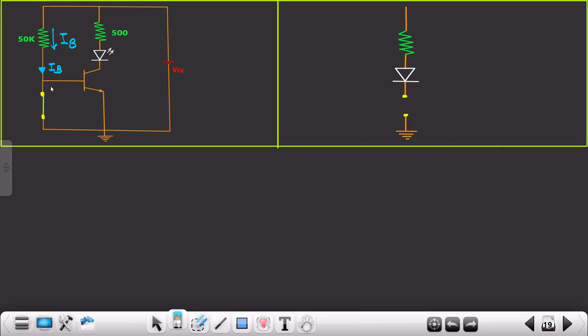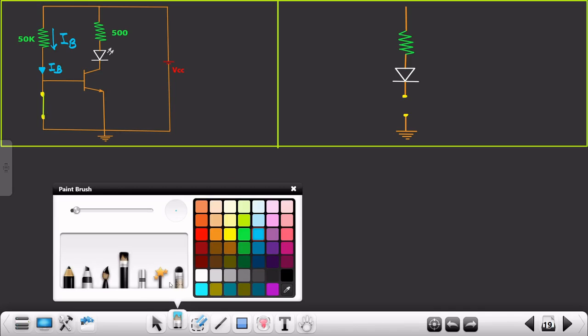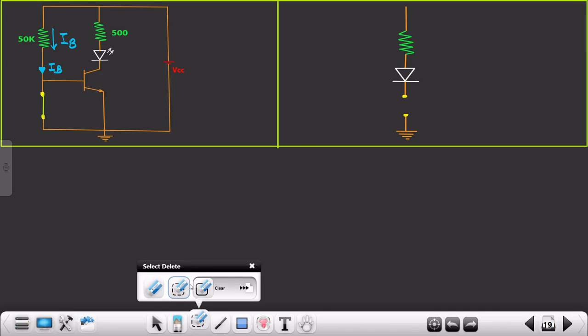So the current which was flowing in this direction in the previous case will now flow in this direction. One small mistake from my side. Let me erase this.